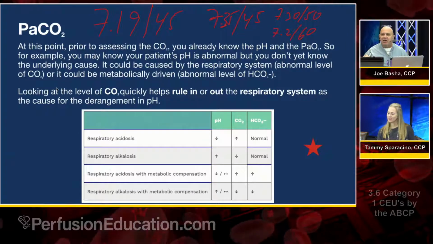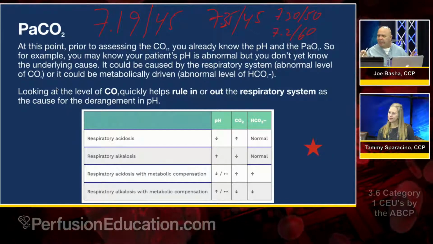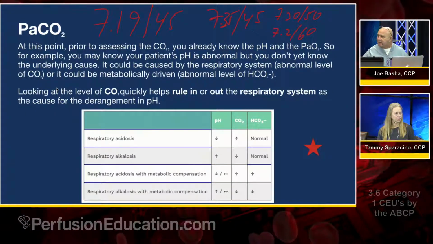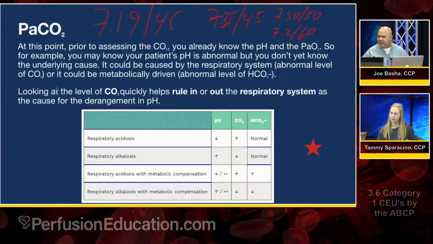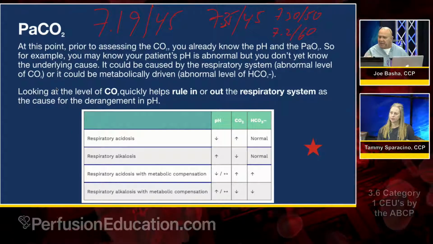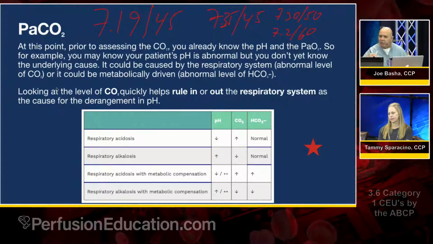It's really good when you're on bypass, or you're just going on bypass and you're doing your case and you get a blood gas and you see this. It's for the acute change. Something changes, but it's acute and it's not a chronic problem.